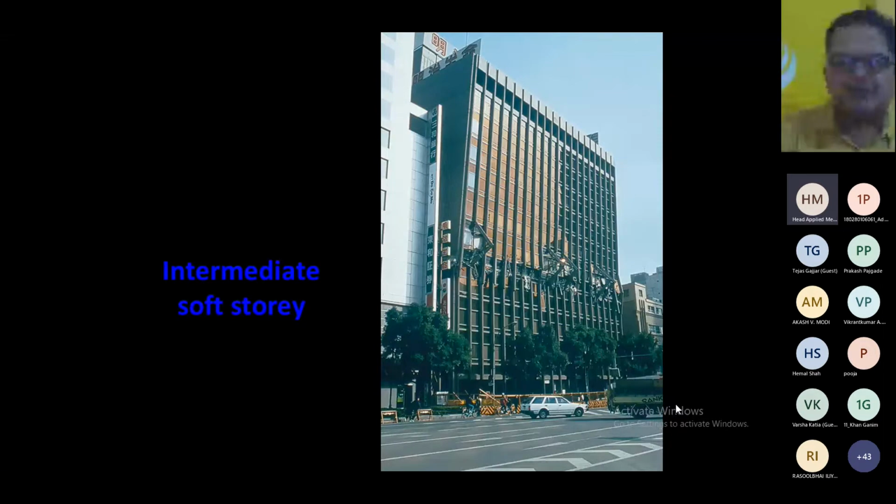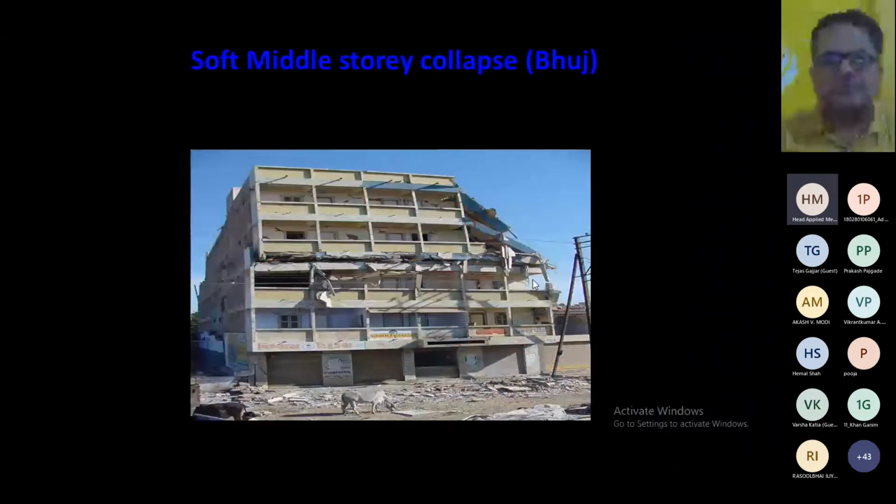For example, this is the classical case where you can see the columns have been removed because they want an auditorium, and therefore the middle story becomes soft, and the failure has been observed at the middle story, right? This is the case where the failure took place because of the soft story.